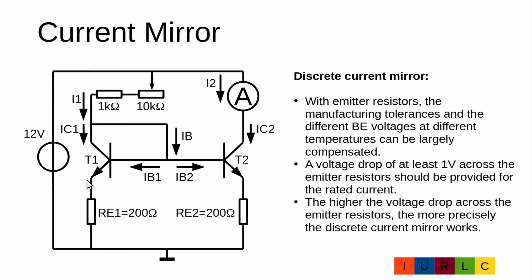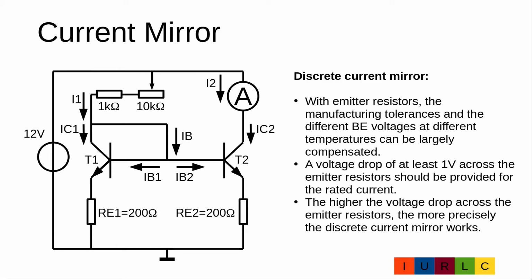When we design the circuit in such a way that for the interesting current range the voltage drop of the emitter resistors is at least 1 volt, and the base emitter voltage difference of T1 and T2 caused by manufacturing difference and especially the temperature difference does not exceed 20 millivolt, then we will have, for example, on one side 1 volt and on the other side 1.02 volt, which will cause an error of maximum 2%.